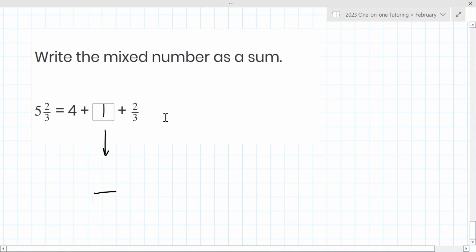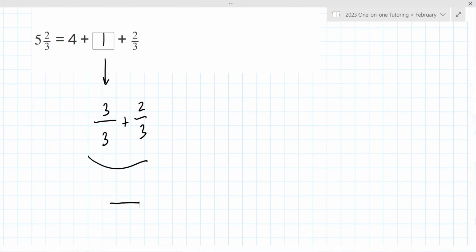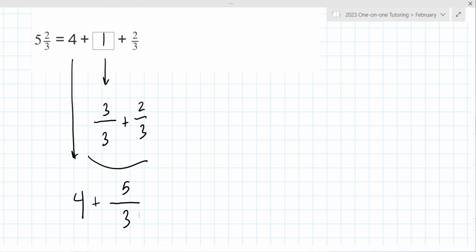The 3. So this became 3 over 3. What does this fraction add up to? 5 over 3. 5 over 3, good. And then that 4 gets brought down like that. Okay, that's great. Glad you remember that.